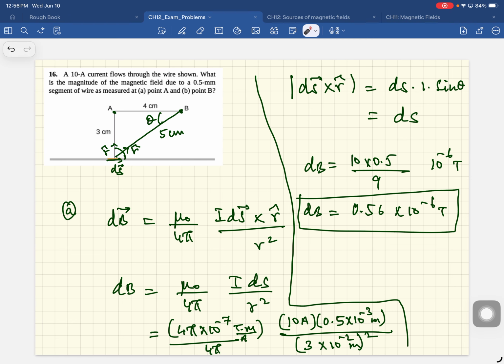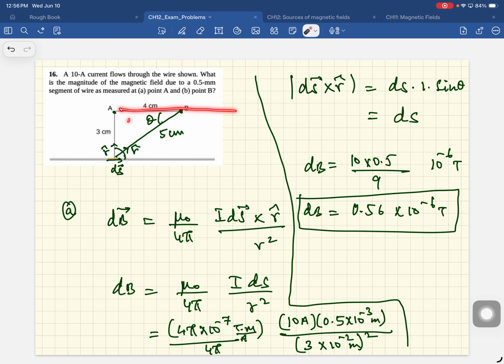Okay. So here is ds, here's r. ds cross r hat, if you turn a screw this way, it's coming out of the sheet. So that gives you the direction, which we already told you using this right-hand rule, okay? You point your fingers in the direction of the current and the thumb points in the direction of the field. So the field is coming out.